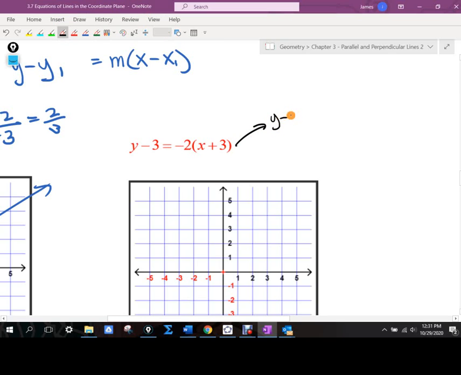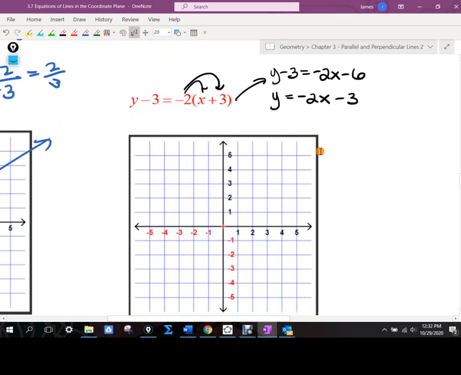So I'm going to have y minus 3. I have to distribute this, so you get negative 2x minus 6. And then I'll add 3 to both sides. So I get that. What is my y-intercept here?